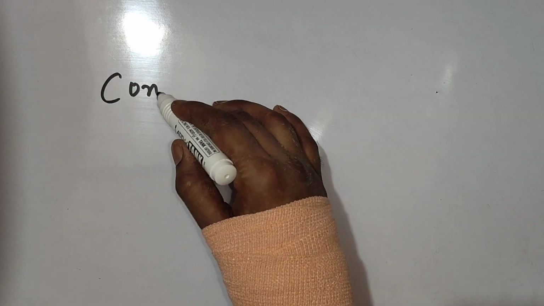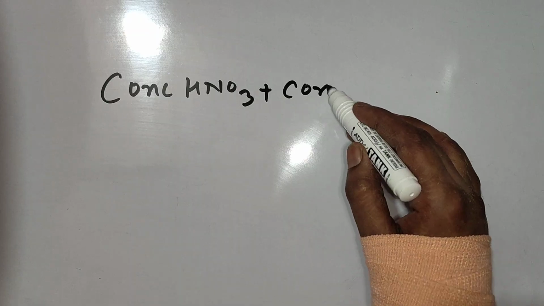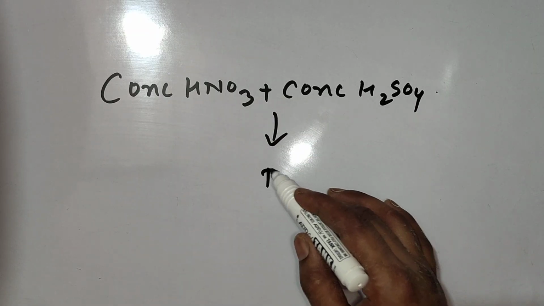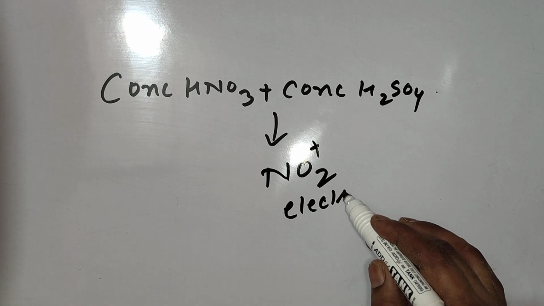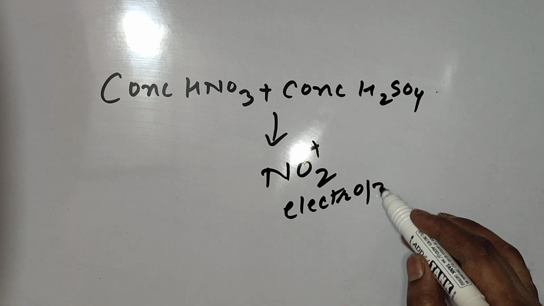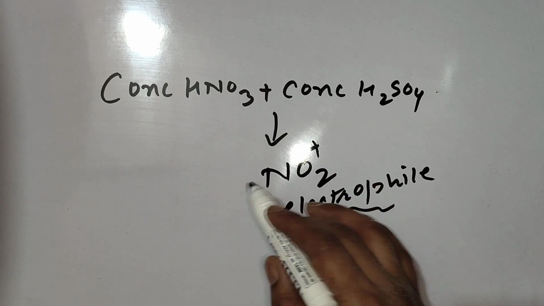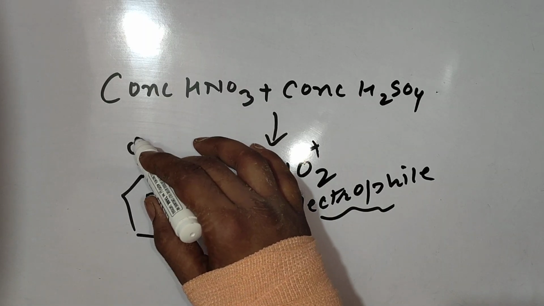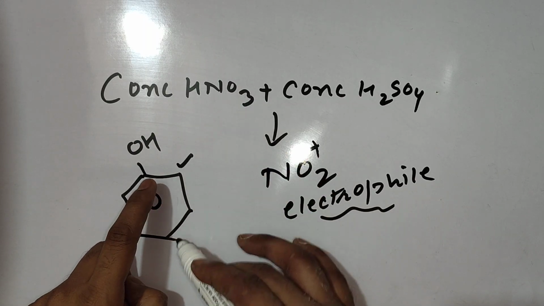Like, the mixture of concentrated nitric acid and concentrated sulfuric acid will generate nitronium as an electrophile. How they generate nitronium as an electrophile is already discussed in previous videos, please check. This nitronium ion, being an electrophile, wants electrons. For electrons it will attack the benzene ring, and obviously at which positions? Ortho and para.